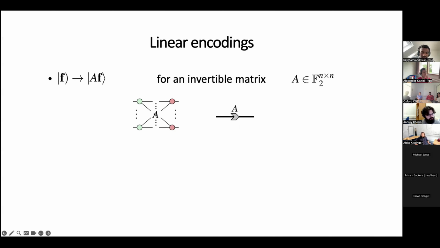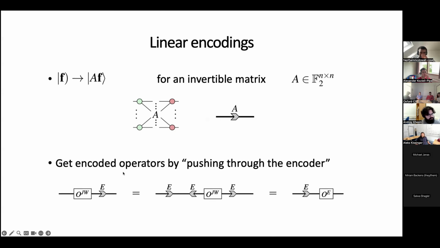Okay. In order to encode an operator, let's say we have some fermionic operator, and we want to work out what it looks like under some fermion-qubit mapping. So here O_JW is some operator that has gone through the Jordan-Wigner encoding.